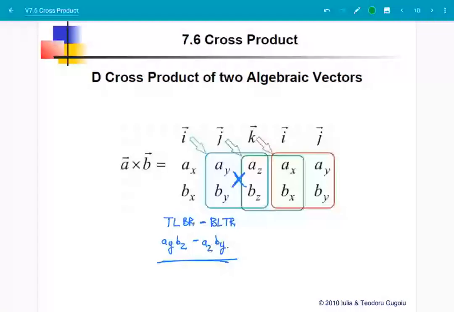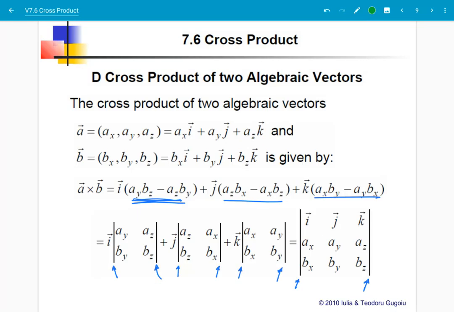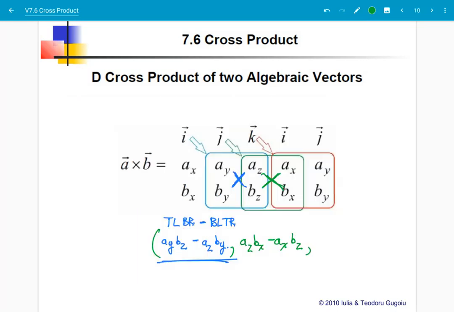So, if you think about it, this one here, top left, bottom right: Az Bx, minus the other diagonal, Ax Bz, and you'll see if you look, Az Bx, Ax Bz, yep.